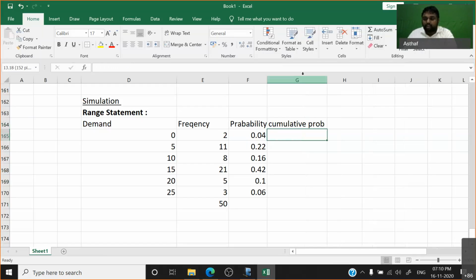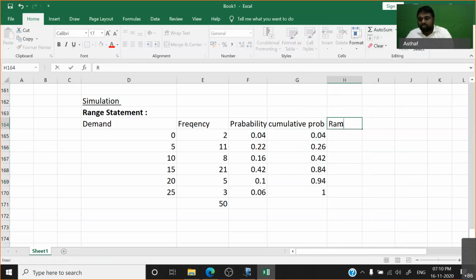So how to take cumulative probability? This plus this. The same thing will come. Now from the cumulative probability, we have to state range.